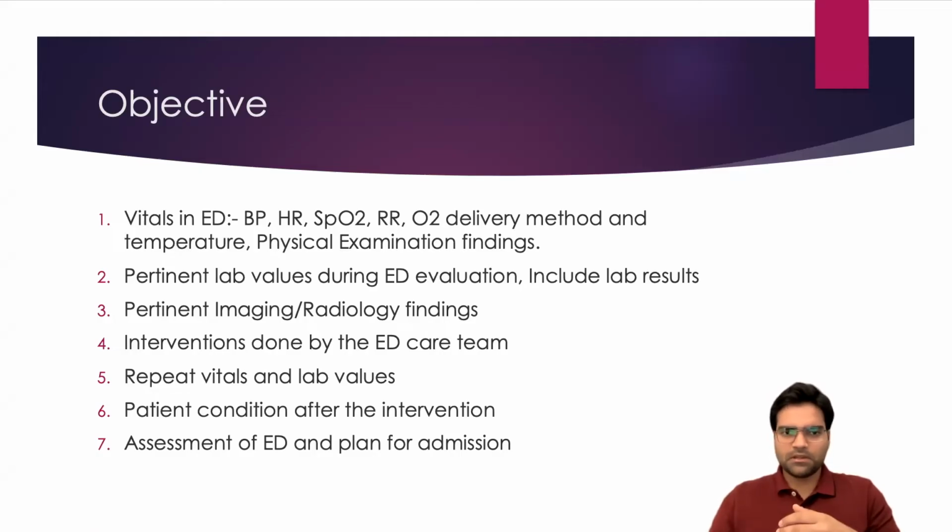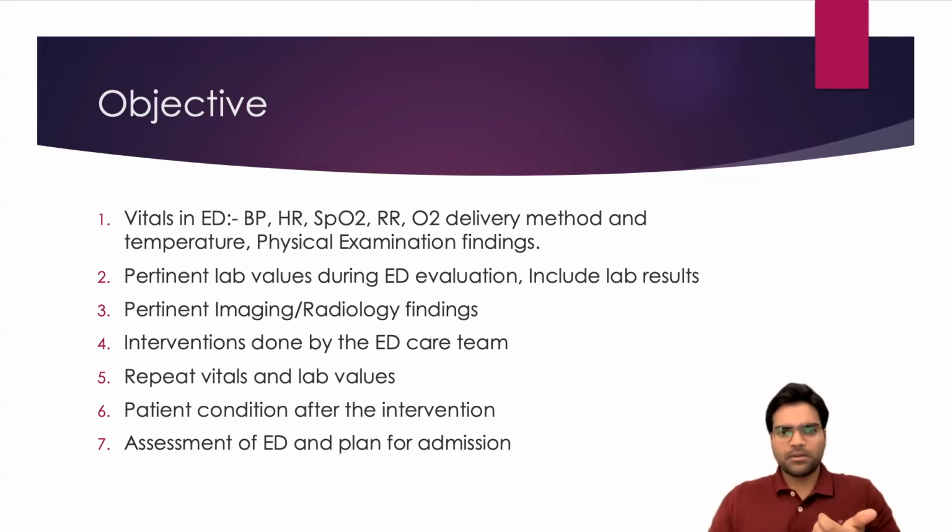during the ED evaluation, the patient's blood pressure was this, it was high, his heart rate was 110, oxygen saturation was 92% on room air, and the respiratory rate was like this. For the oxygen delivery method, if the patient is intubated, you have to mention that the patient got intubated during the ED evaluation, or if the patient is breathing by nasal cannula, you have to mention that.